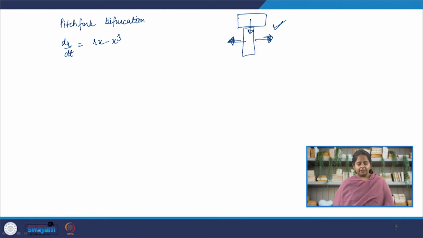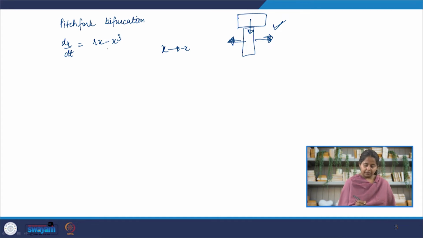And there is a reason why I am taking this. It is typically also the first example that is taught of pitchfork bifurcation. And the reason is that it is an example of supercritical pitchfork bifurcation. Now, as I mentioned, symmetry is a very important aspect of pitchfork bifurcation. In this particular example, if I replace x with minus x, let's take a look at what happens.